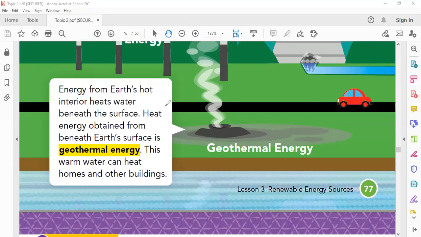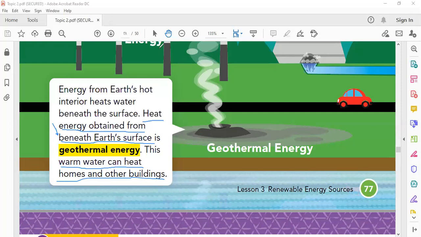Beneath means under. This geothermal energy heats the water under the ground, and we can use it for heating and also for producing electricity. This warm water can be used to heat homes and other buildings.